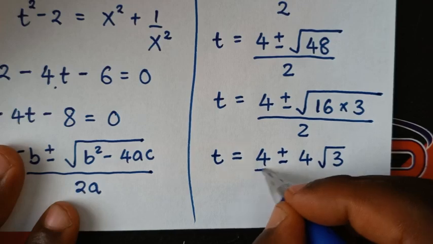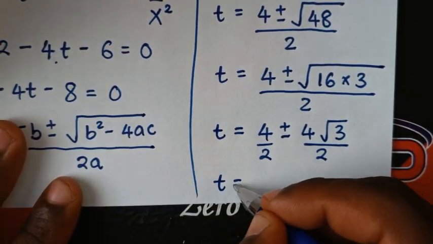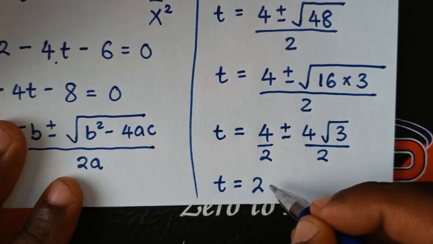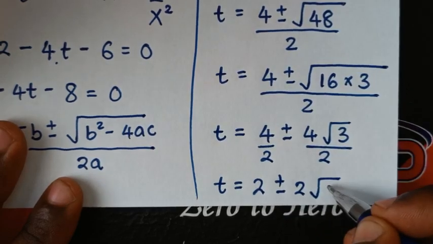Then we divide by 2 in this part and in this part, so t is equal to 4 divided by 2, which is 2, plus or minus 4 divided by 2, which is 2, square root of 3.